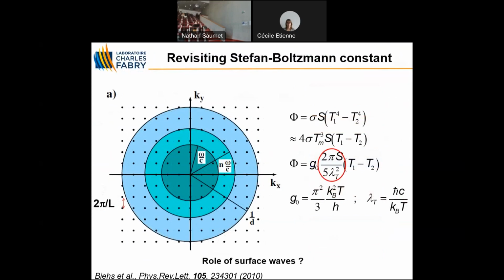We can revisit this formula, having understood that the flux is proportional to the number of modes. This sigma that we all saw is a cocktail of fundamental constants. It can be written this way: G0 times area divided by lambda squared. That's the typical thermal wavelength. An area divided by a wavelength squared is the number of modes.